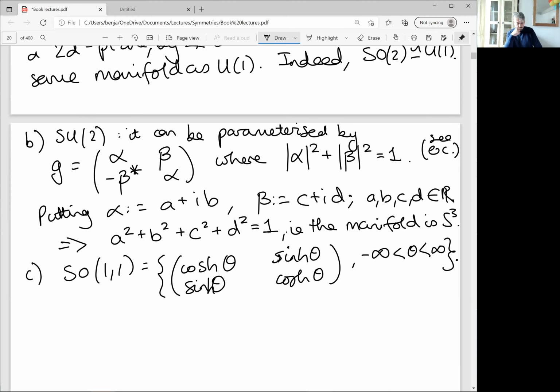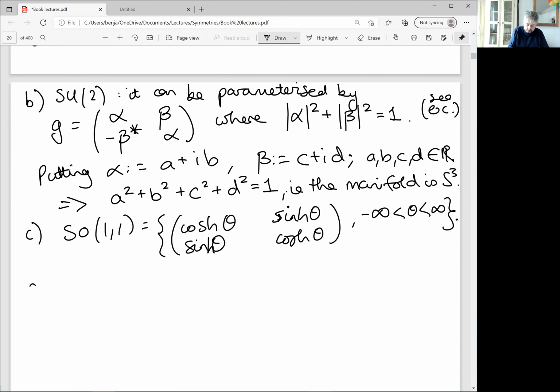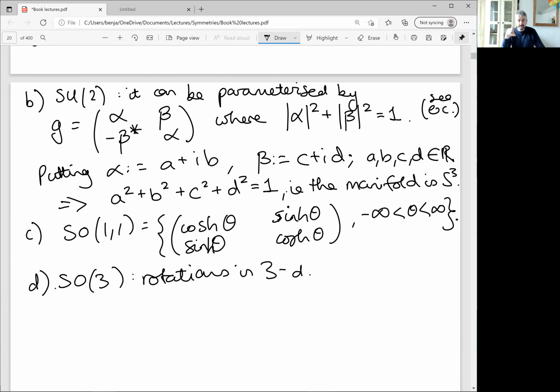Okay, let me give you one more example. And this is SO3, so this is rotations in 3 dimensions. So these are specified by some axis of rotation.